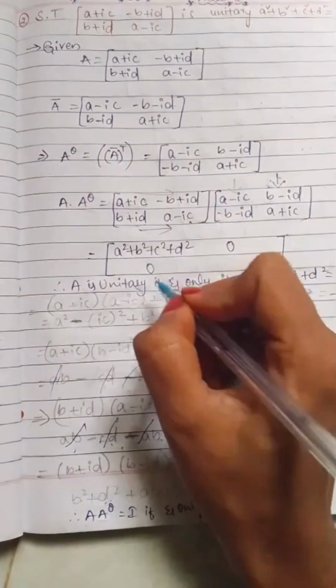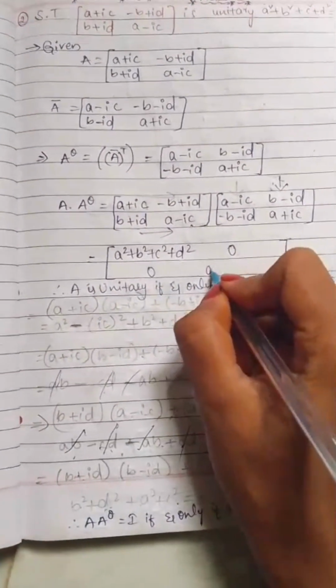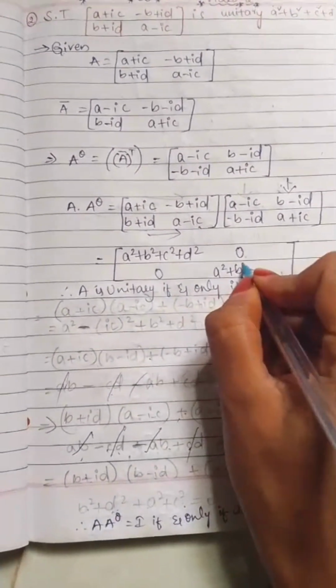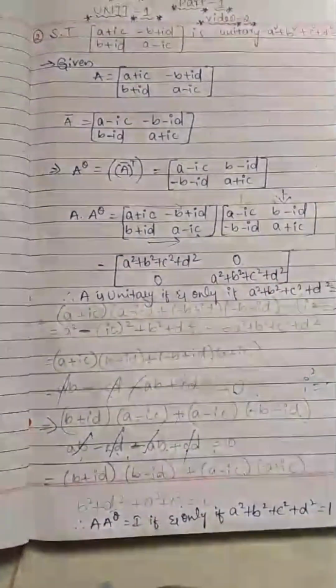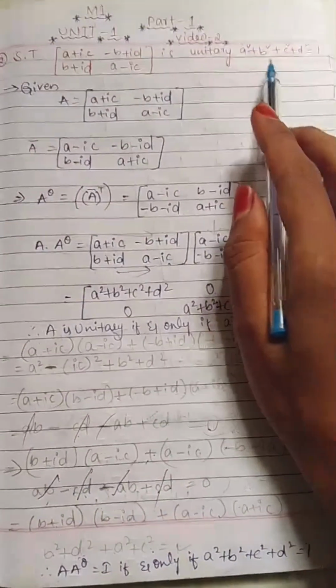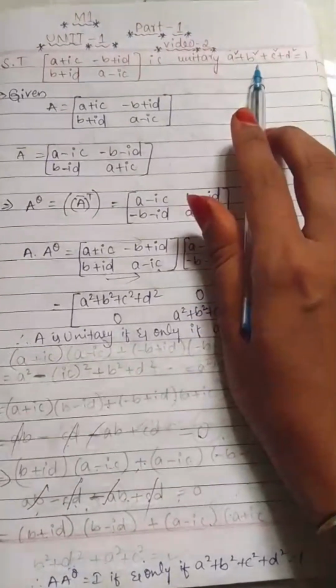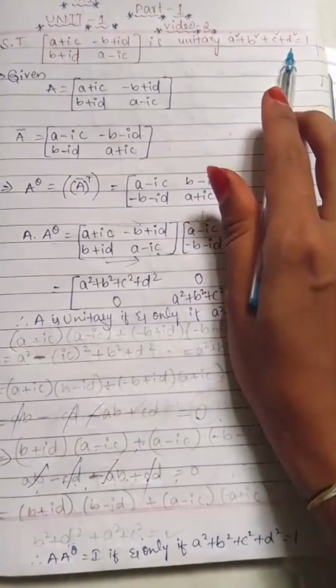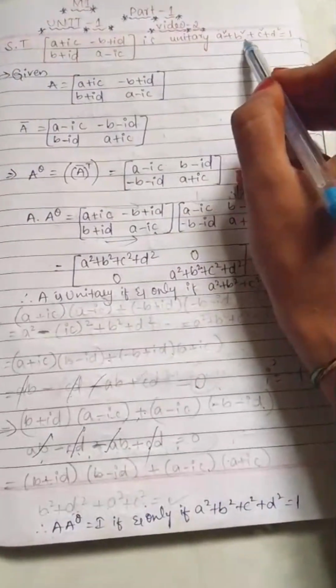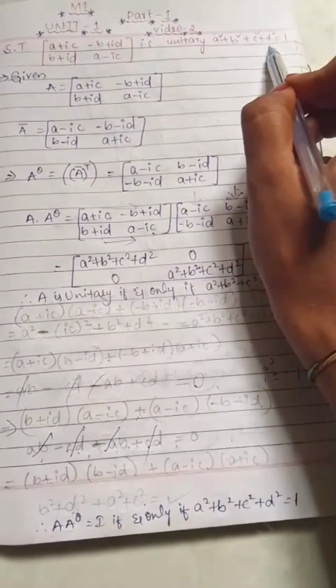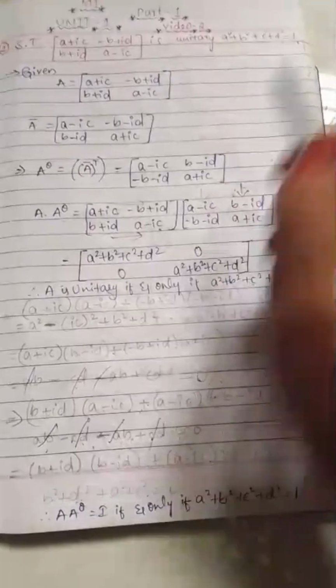This will be 0, I didn't write last time. This will be a square plus b square plus c square plus d square. They have already told that a, b, c, d vector is equal to 1. That is a square plus b square plus c square plus d square is equal to 1.